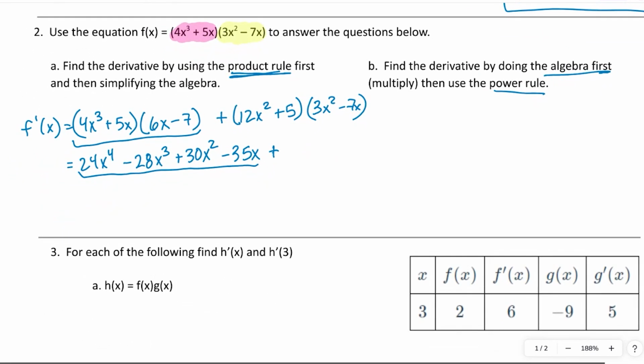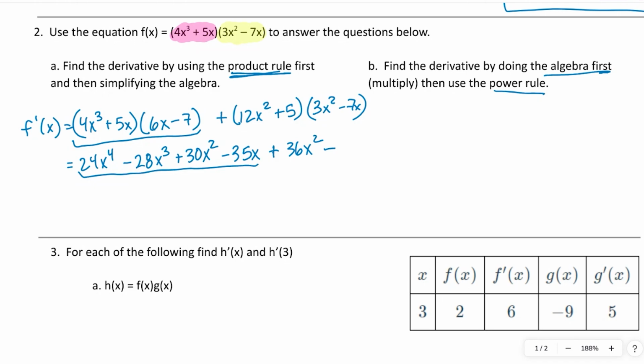Let me move this up a little bit. 12x squared times 3x squared is going to be 36x to the fourth. And then I've got 12x squared times negative 7x. So that'd be minus, 7 times 12. Well, let's see. 5 times 12 is 60. And then we've got two more 12s, 24.